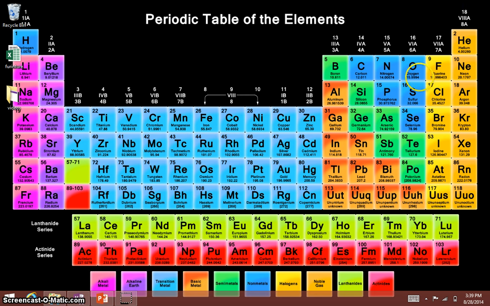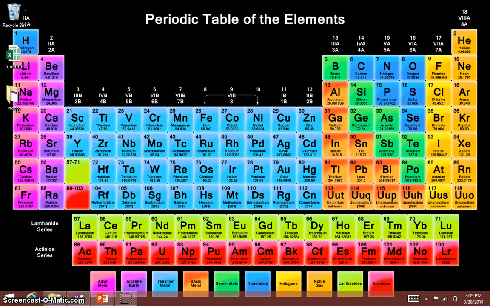So if we look at the periodic table, we've mentioned this number before as being the mass number. The mass on the periodic table represents two different things at the same time. It represents the average mass of a single atom, in AMUs. So the average oxygen atom is going to have a mass of 15.9994 AMUs.